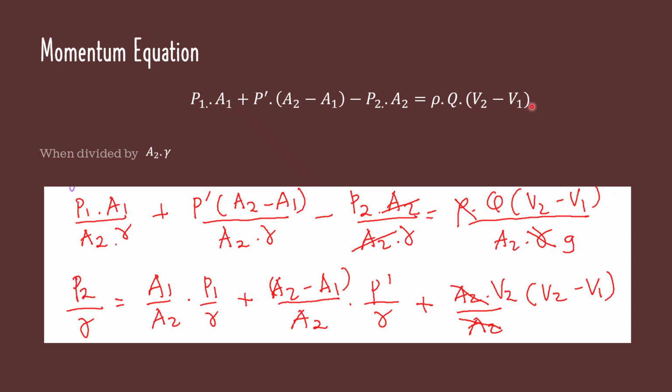So if the formula is all divided by A2 times gamma, we have P2 over gamma equals A1 over A2 times P1 over gamma, and so on.